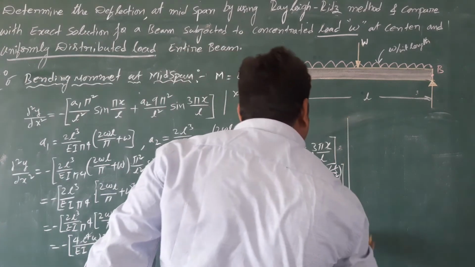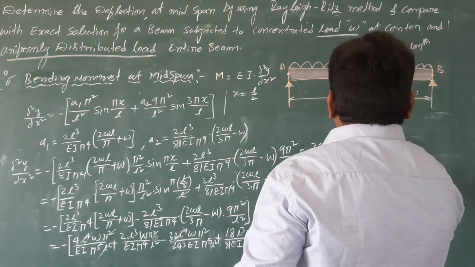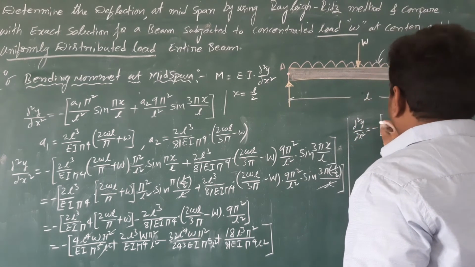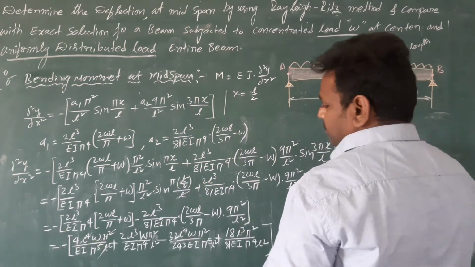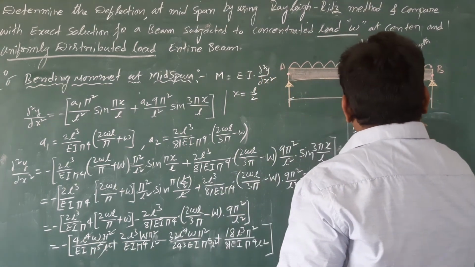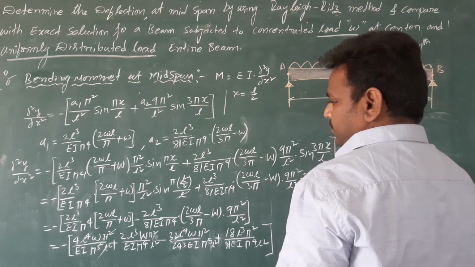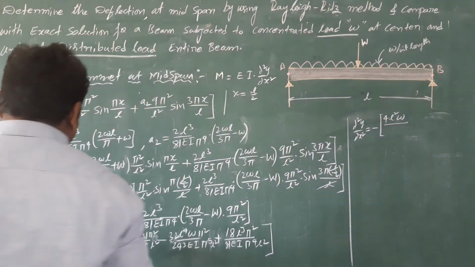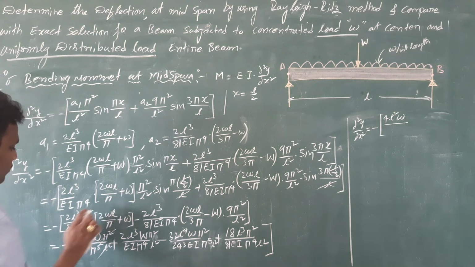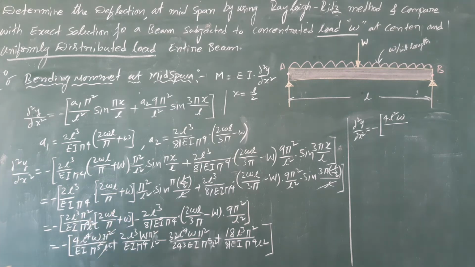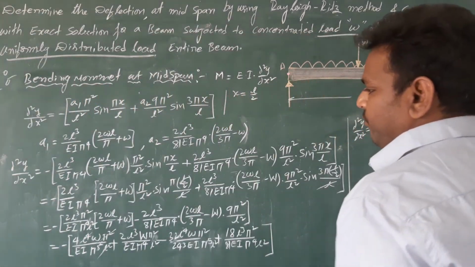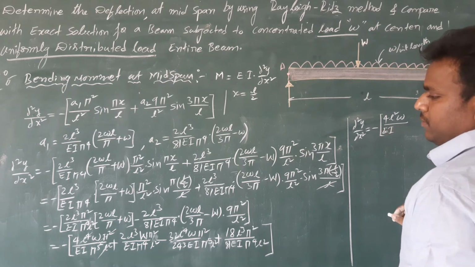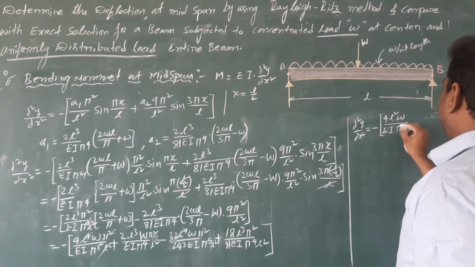So finally we got, I will write here dou square y by dou x square is equal to minus of 4 L square W divided by EI pi cube only.